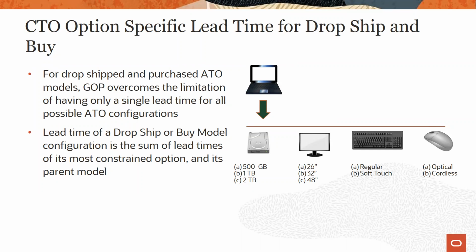And in such cases, the lead time consists of the sum of the lead times of the most constrained option as well as its parent model. And these are rolled up at every level of the CTO item structure.